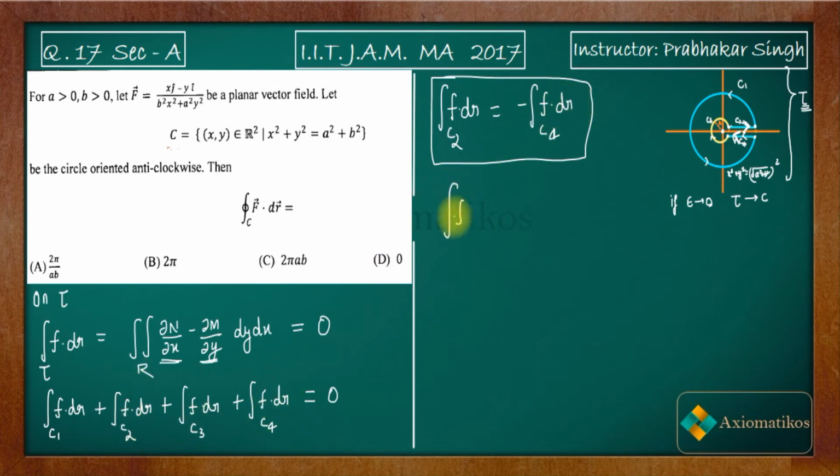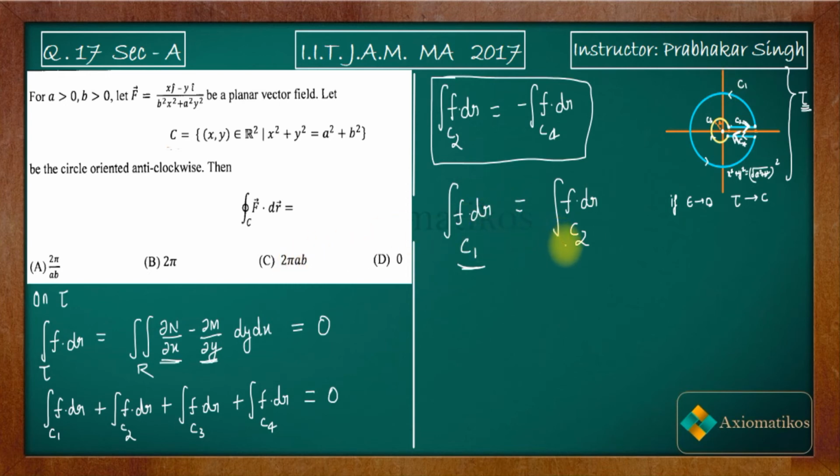Now this implies the integral of F dot dr along C1 is equal to the integral of F dot dr along C2. What is C2? C2 is a circle of epsilon radius. So when epsilon goes to 0, this C1 will go toward your given curve C. What is C1? This is C1, the big circle. Now the problem is very easy.